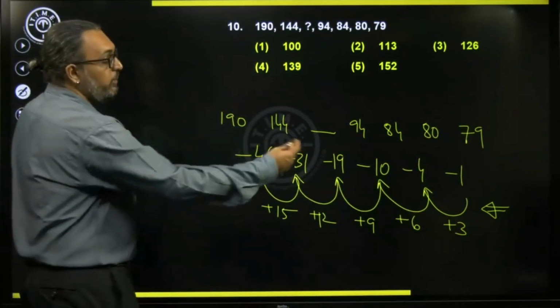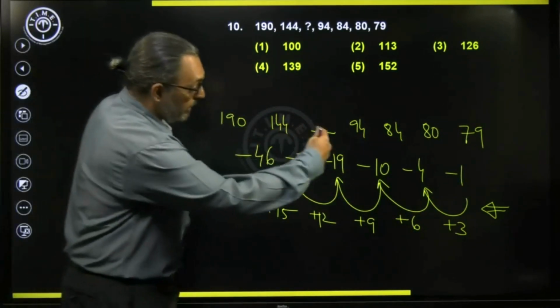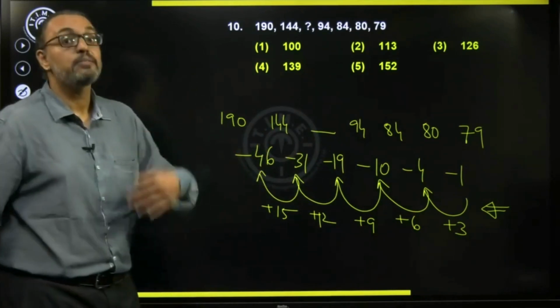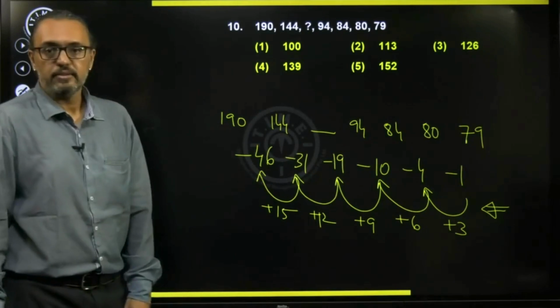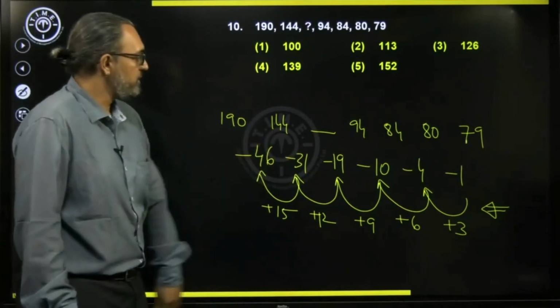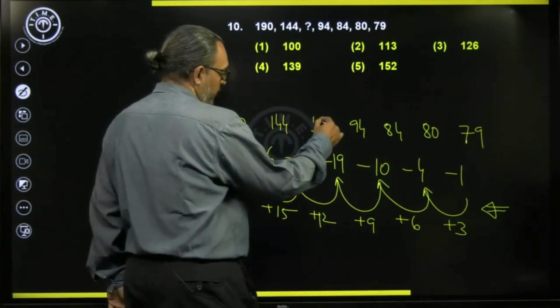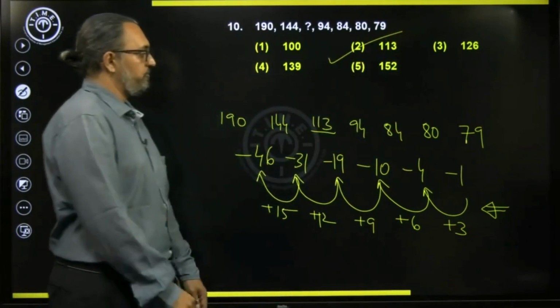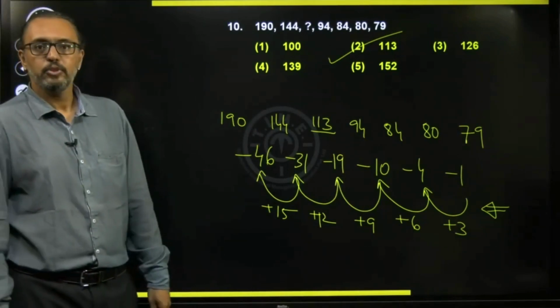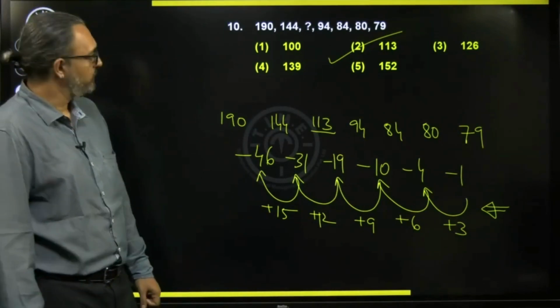Understood? So multiples of 3. The differences are increasing from the right side as multiples of 3. So from there we get these differences. So now 144 minus 31. So it is going to be 113, and that's available in choice 2. Choice 2 is the answer. Understood that? Okay. Yes.